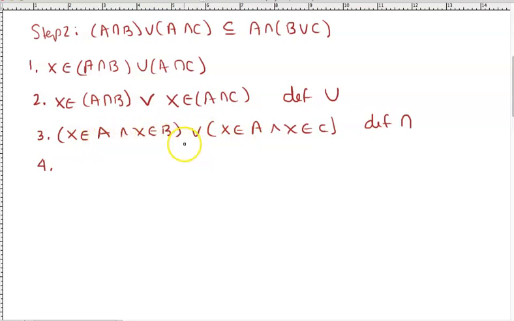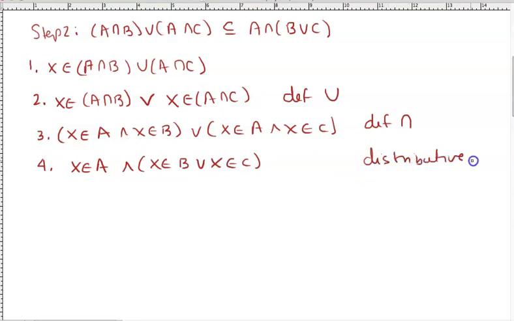If I have (P and Q) or (P and R), then I can pull out the P. So X is in A and X is in B or X is in C. That's the distributive law. Now we're going to basically change things back into sets. So we can change this into a union. So we can say X is in, let's see, which order should I go?